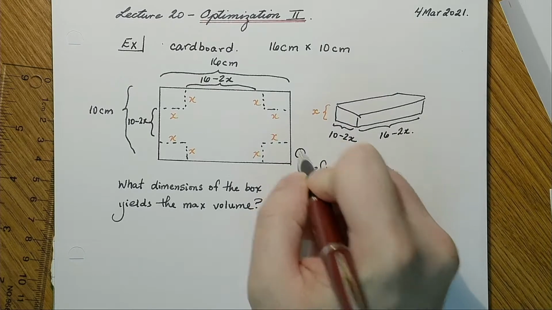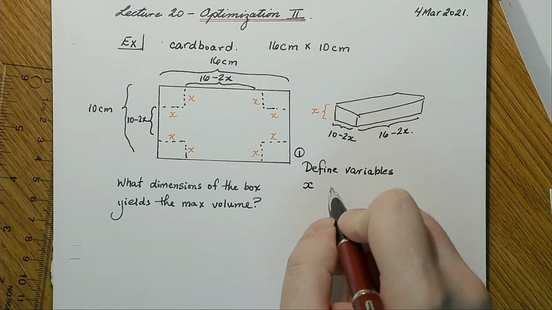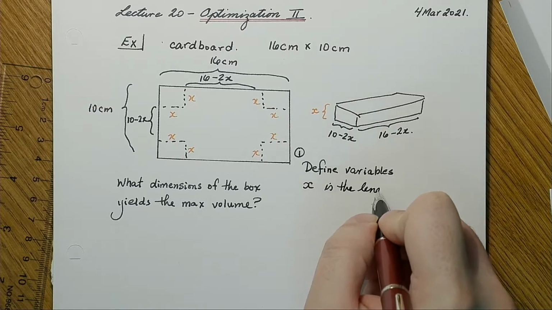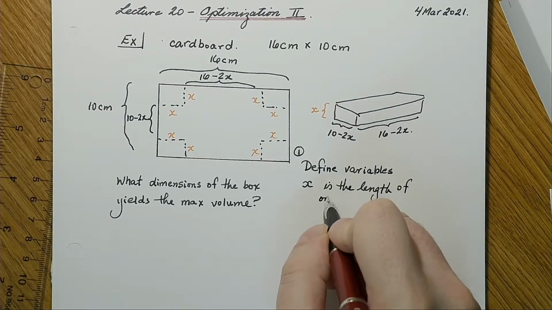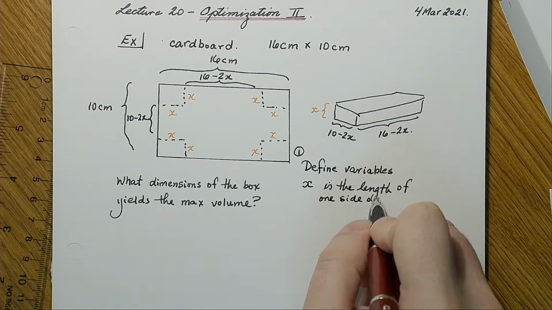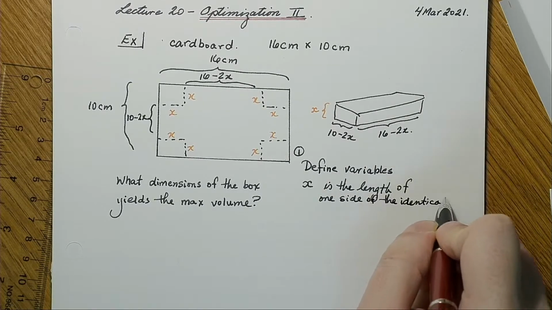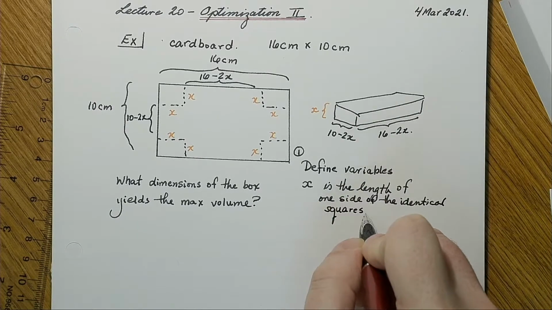So I can call this maybe my first step. And I'm going to let x be the length of one side of the identical square or squares.